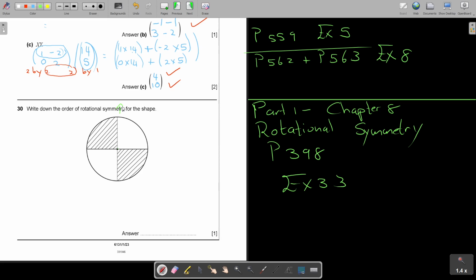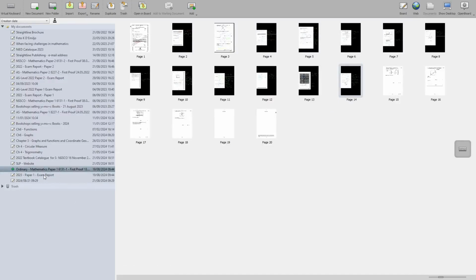And you can actually see it's going to be 2 times. So you're going to say, write down the order. So it's rotational symmetry, order 2. Okay, so let's just go and see what they say about it in the report.